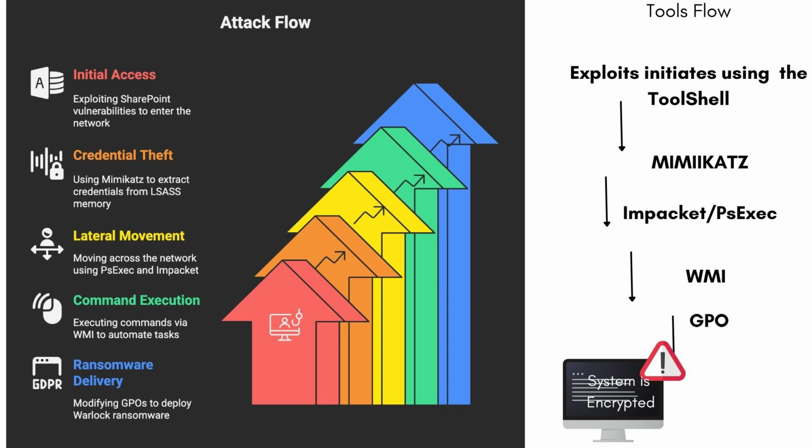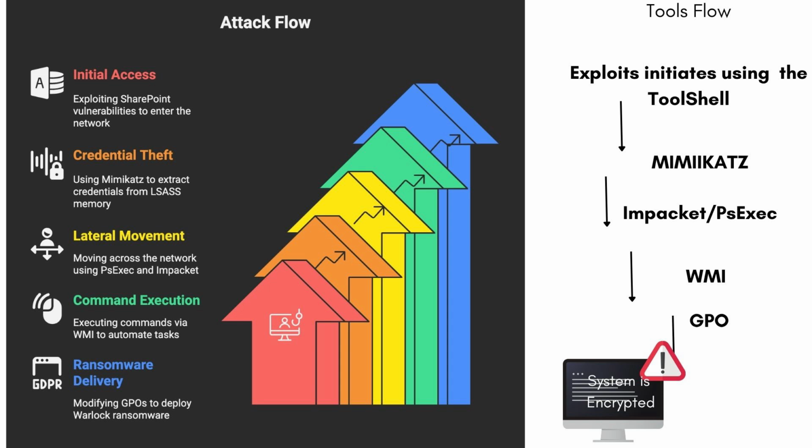The very first is the initial access. They exploit the ToolShell zero-day vulnerability chain in Microsoft SharePoint to gain their initial foothold. Credential theft. After breaching the victim networks, Storm operators use the well-known hacking tool Mimikatz to extract plain text credentials directly from LSASS memory. This is a critical step, often providing them with elevated privileges, including domain administration rights also.